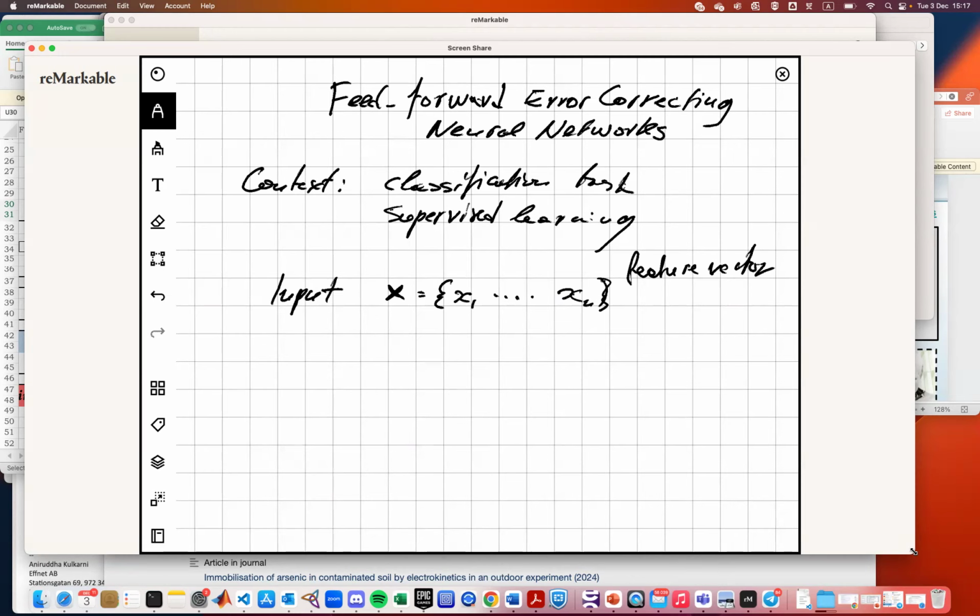The overall idea is very simple: we model a category, a class, as a weighted sum of features.